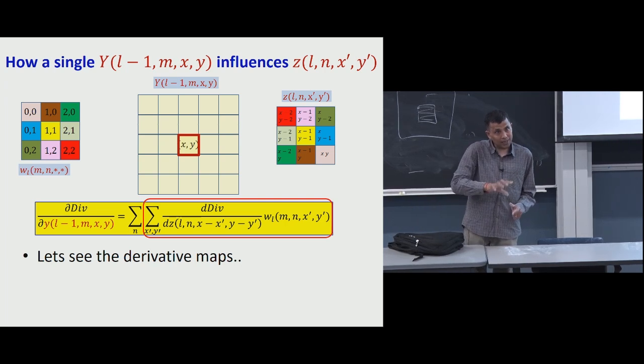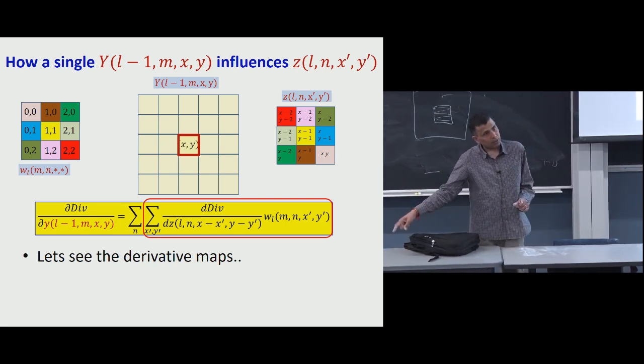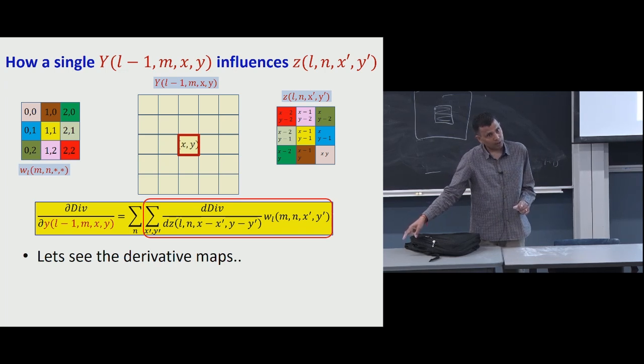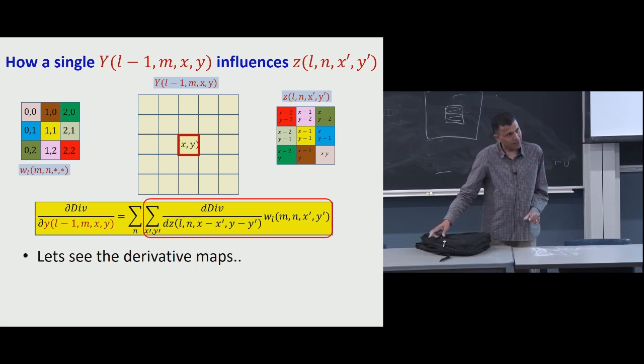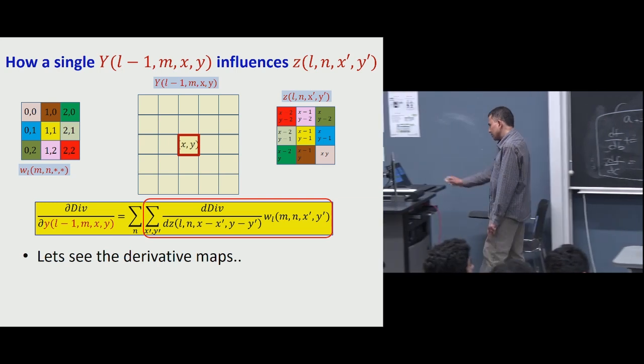Now I'm flipping the weights, imposing it on the derivatives of z and computing the derivative with respect to y at the bottom right corner for this particular guy, right? So what does this whole thing amount to?